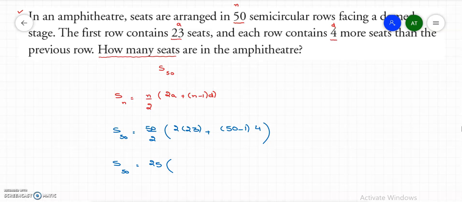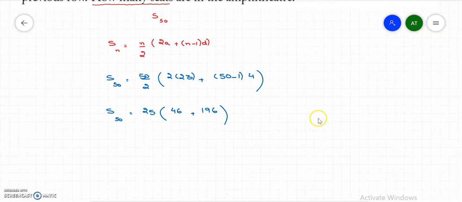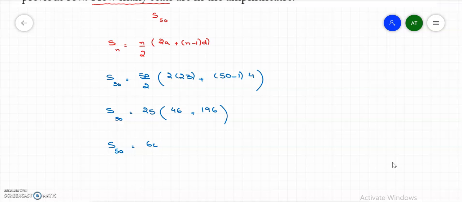And 2 times 23 is equal to 46. 50 minus 1 is 49 and 49 times 4 is equal to 196. Okay, so adding 46 and 196, that is equal to 442 and then times by 25. So the total number of seats S50 would be equal to 6050, right?